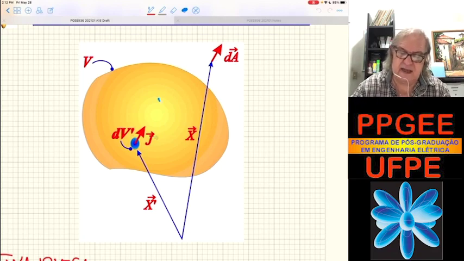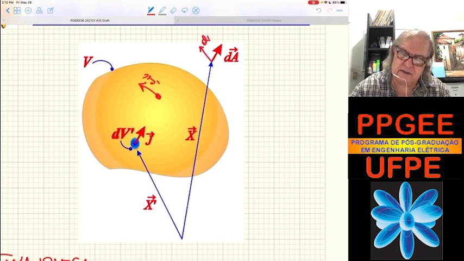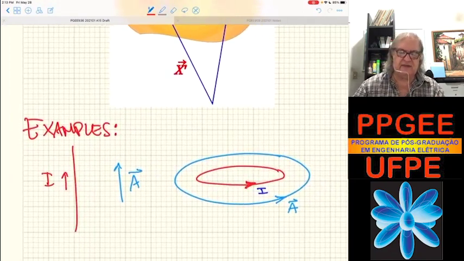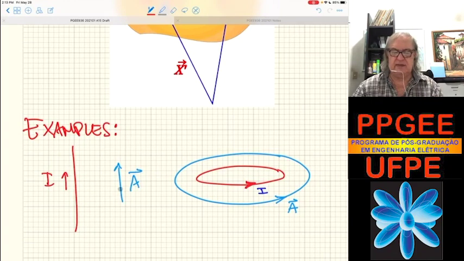So, if I have this other element here, let's put another element here, has a current like this, J1, well, it's going to give a contribution here, dA1. So the result here is the sum of all the contributions, but each element contributes to the collinear differential potential vector. For instance, if we have a straight wire, if the current is always in the same direction, well, the vector potential is always in the same direction of the current direction here.